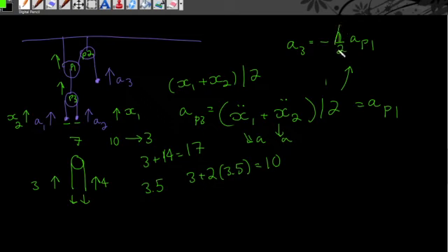Actually no, I don't know why I put 1/2. That's not there. So a sub 3, I think, should be negative a sub 1 plus a sub 2 over 2. And yeah, so I suck at pulleys, as you can see, but it's a little tricky to get the hang of conservation of string.